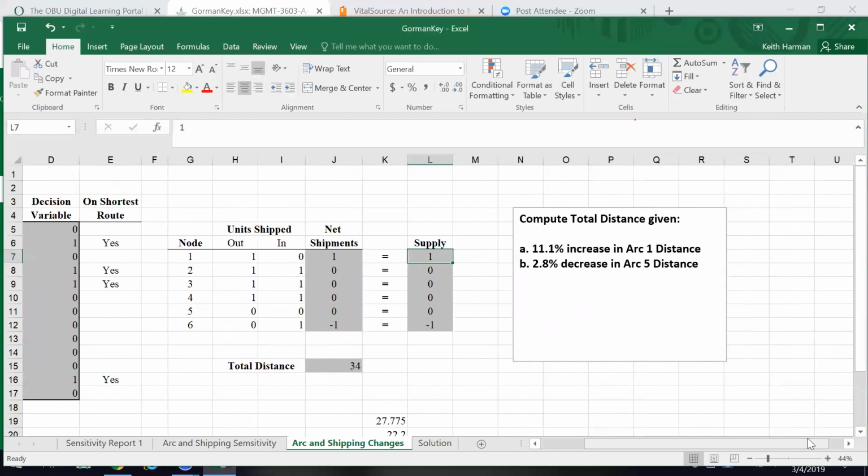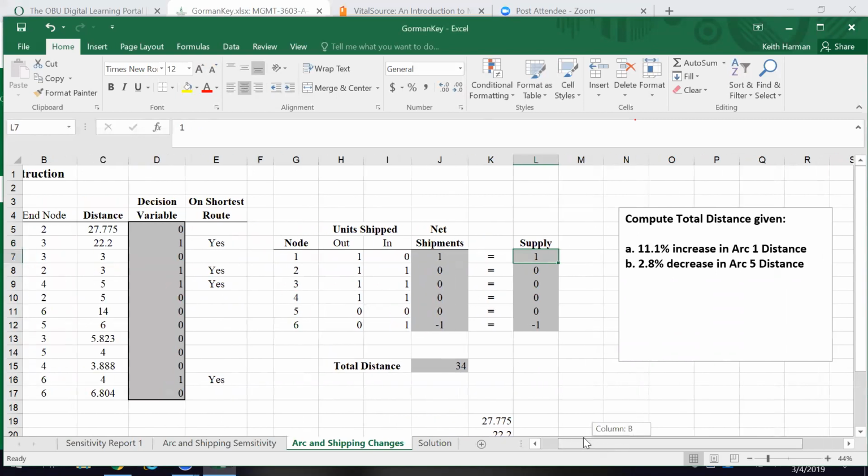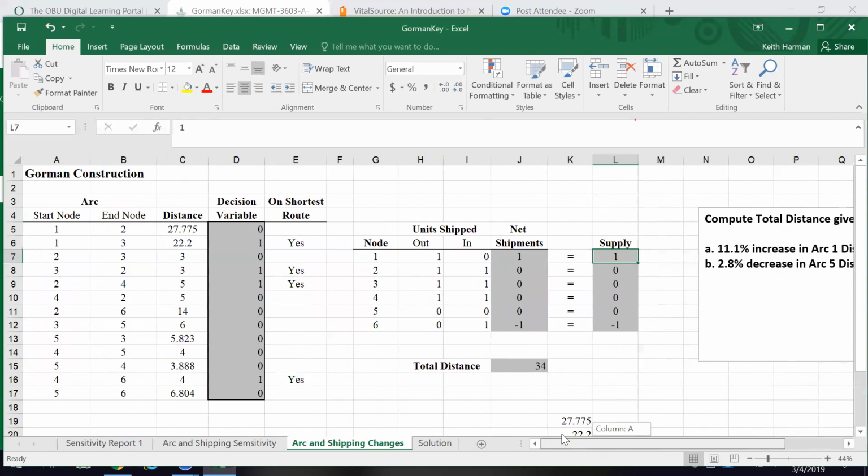Now, let me size this down a little bit, and we'll look at what we were doing here. I said, compute the total distance given an 11.1% increase in ARC1 distances and a 2.8% decrease in ARC5 distances. So notice that we've got these ARC1s, then the ARC2s, 3, 4, and 5.